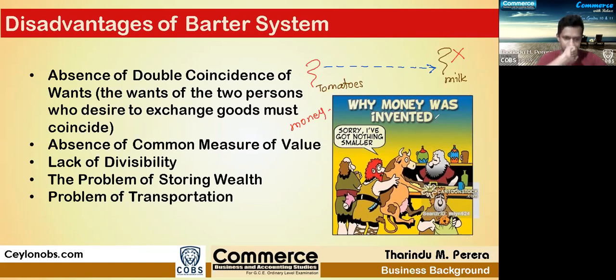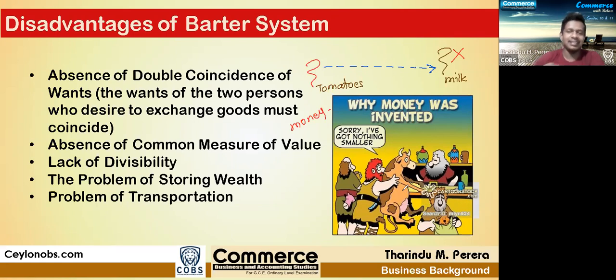Third point, lack of divisibility. That means it was very difficult to divide some things. In this picture, can this man divide this cow into legs, heads, and hands?